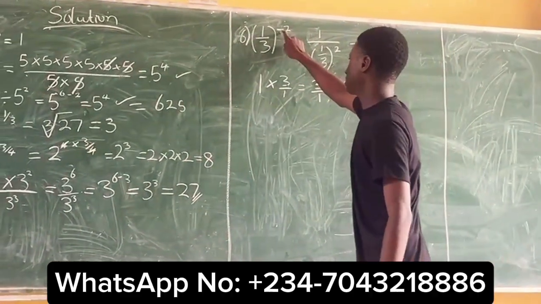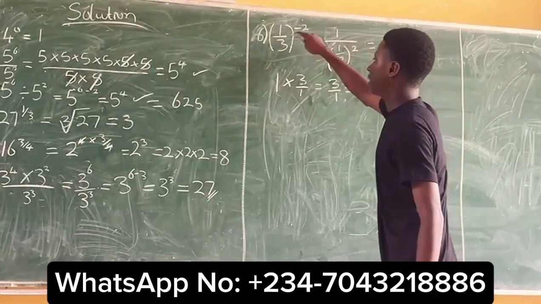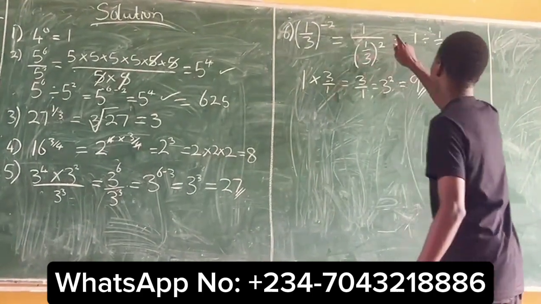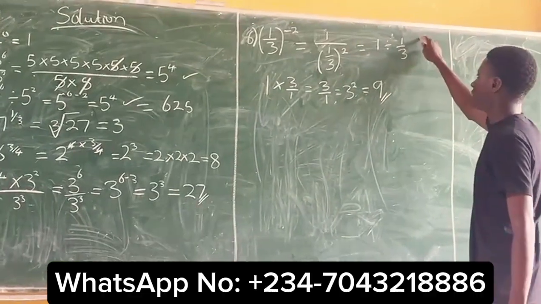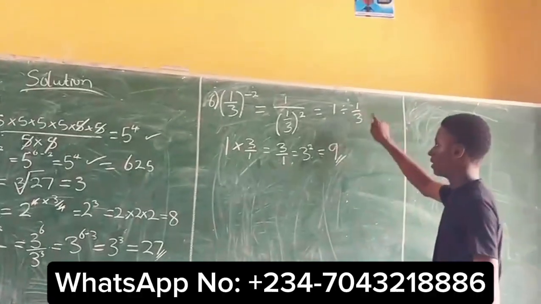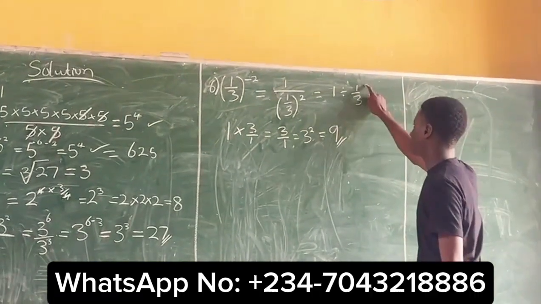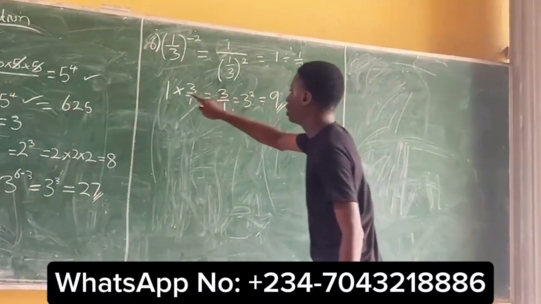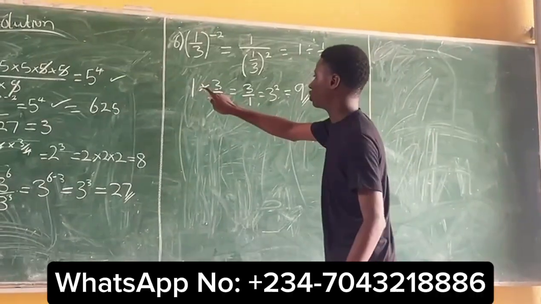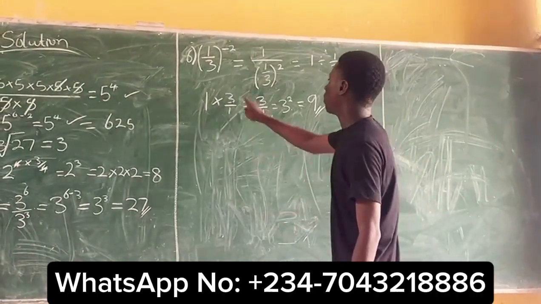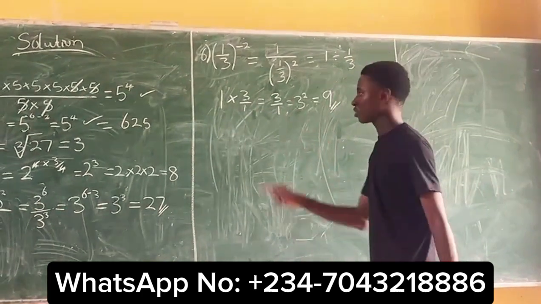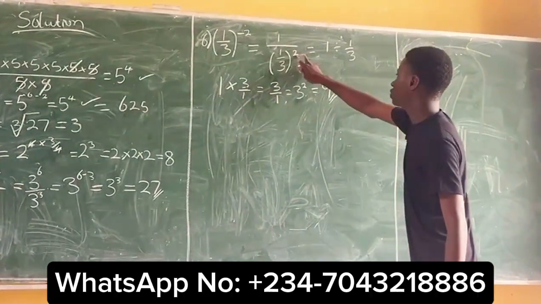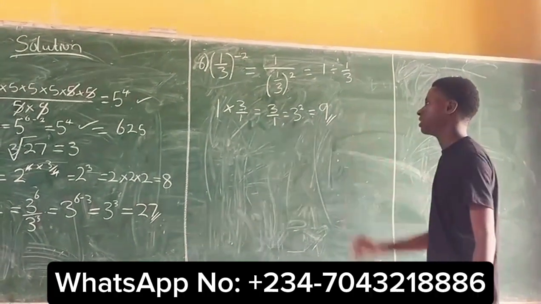Recall, first of all, because of this minus sign, you introduce 1 all over, and then you see 1 over 3 already, to the power of 2. 1 divided by 1 over 3: we change the division sign to multiplication, so our 3 goes up and 1 comes down. 1 times 3 over 1 is 3. 3 to the power of 2 was 9, and this is our final answer.